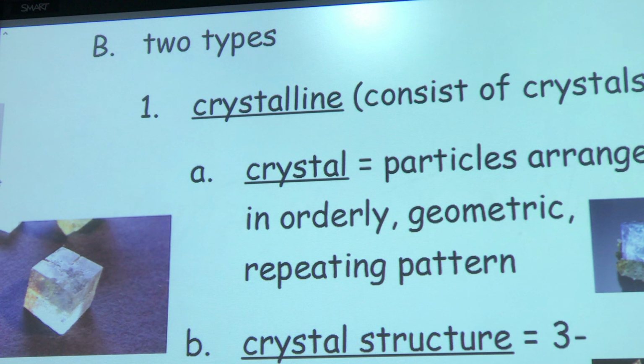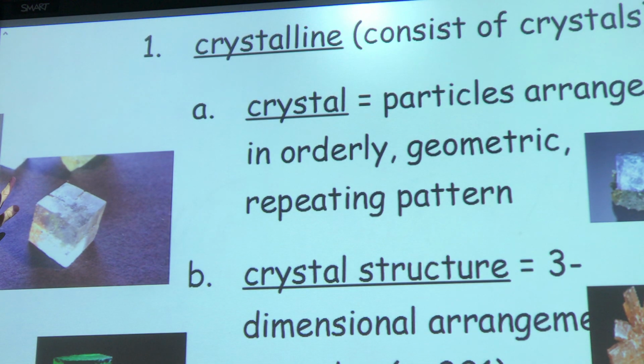Okay, the first type of solid is the cool kind, the crystalline kind, and that is made up of crystals. What is a crystal? Well, it's when you have the particles, the atoms, arranged in a geometric pattern, an orderly geometric pattern, and repeating. So it keeps adding to that.